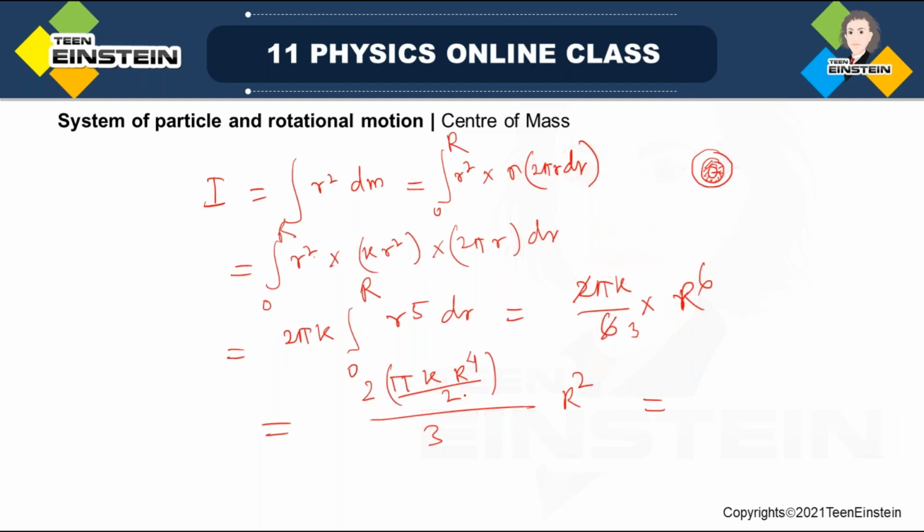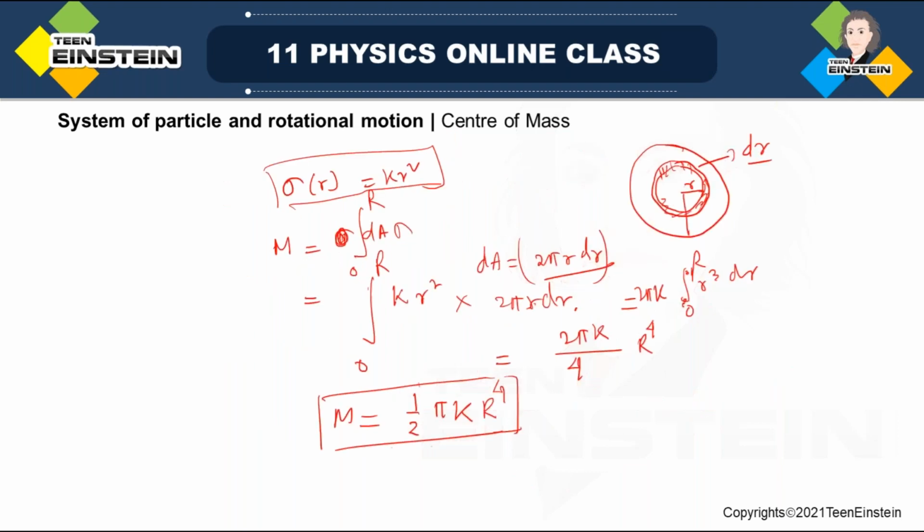So look here, this particular thing is given as capital M, the mass of the disk, and this is R square. So finally you would get the moment of inertia of the disk about its center of mass as 2 by 3 M capital R square.